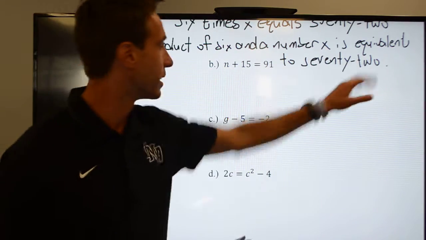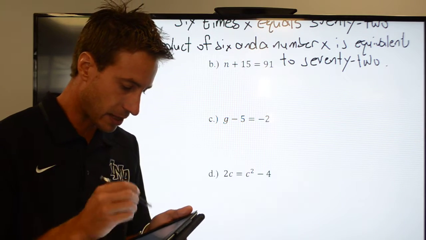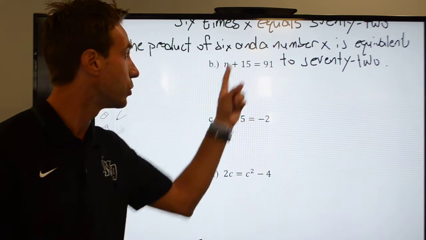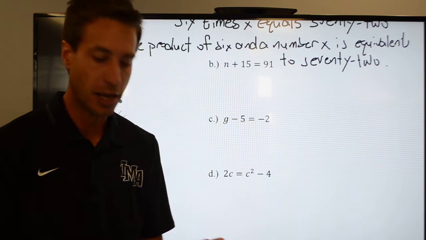So here's our next one. Sorry, I squeezed in a little bit there. It's n plus 15 equals 91. That's our statement. Let me do this one in red. Well, here's what we could do. We said instead of doing n plus 15, let's go ahead and use the term sum.